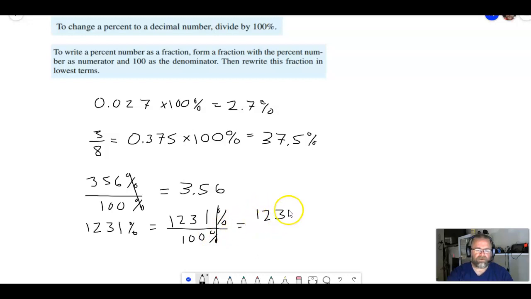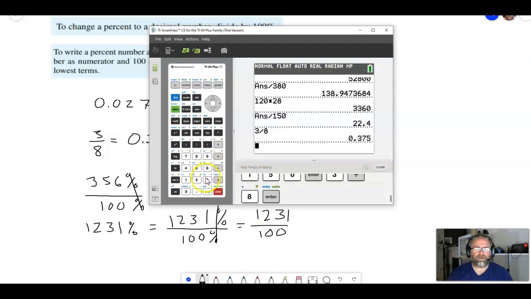So 1231 all over 100. And then it says rewrite the fraction in lowest terms. Now remember, everybody needs a calculator for this class, and most calculators will reduce that for you. We could also see if there are any common factors. I don't know if there's going to be for this one, 1231 over 100.